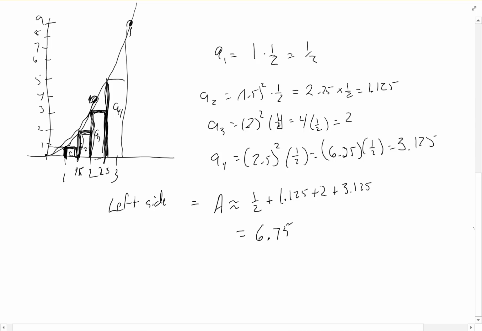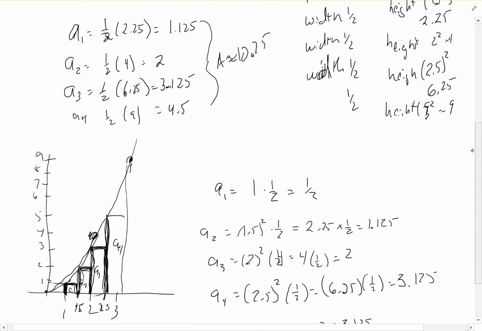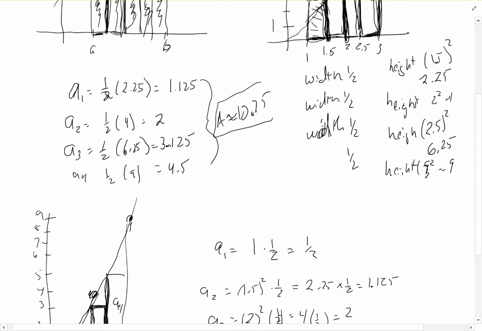Okay, and so what I can get from here is that my left-hand sum area is 6.75, or using the right-hand sum, I got an area of 10.75.